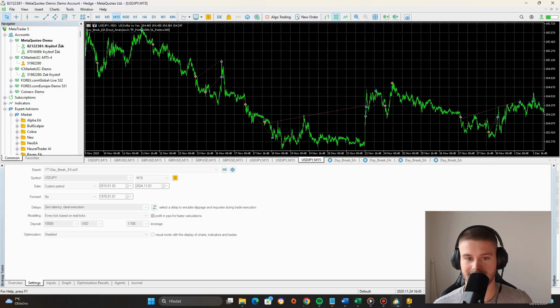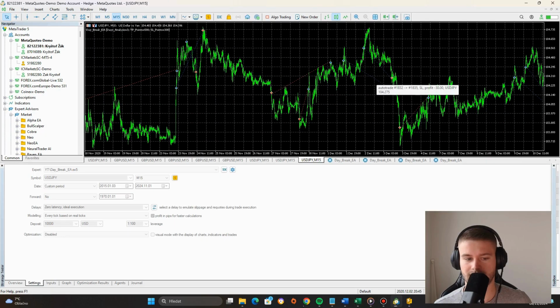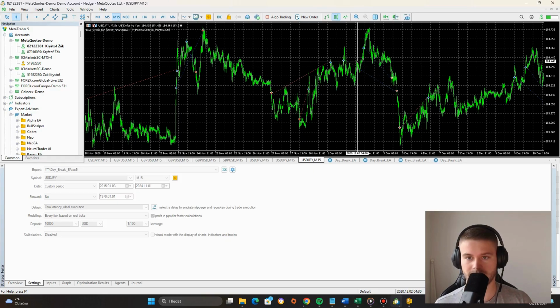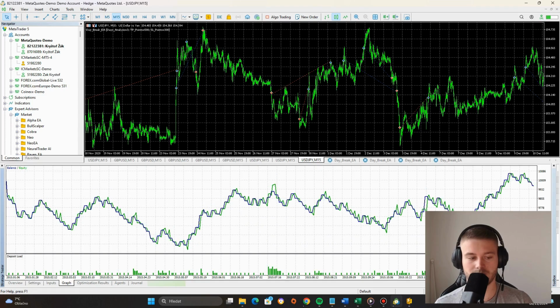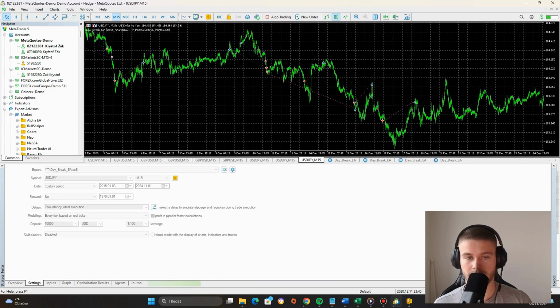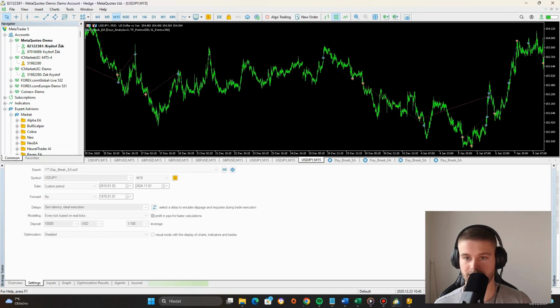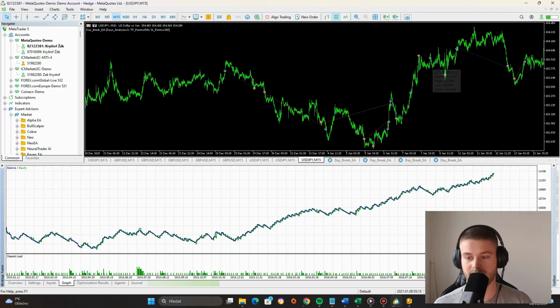My guess is that since the take profit and stop loss are pretty high, you can see the distance of take profit is 250 points, and for sell it's probably 300 points or something like this, the every tick based on the real ticks should not interfere with the results from 1 minute OHLC that much. It should be more or less the same. So let's just check it. And it is basically.